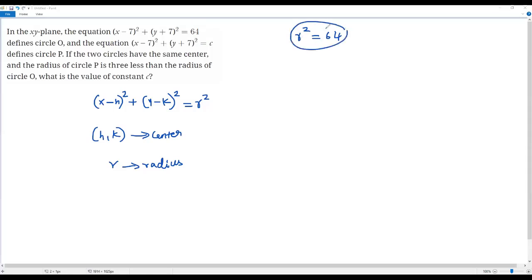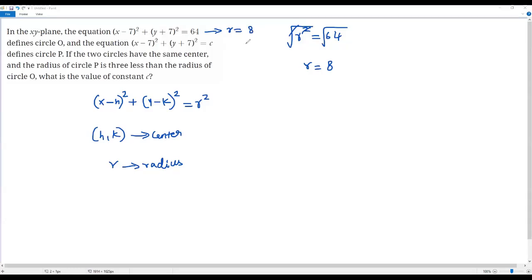To solve for r, I have to take the square root on both sides to get rid of the square. So the square root and the square cancel out. Usually we get positive or negative 8 whenever we take the square root of a number, so its sign will be positive or negative. But here the radius of a circle can never be a negative value, so we consider only the positive value of the square root. So the square root of 64 is 8. So the radius of circle O is 8.